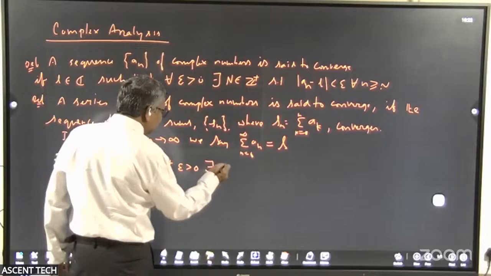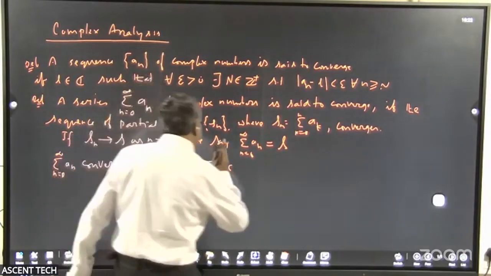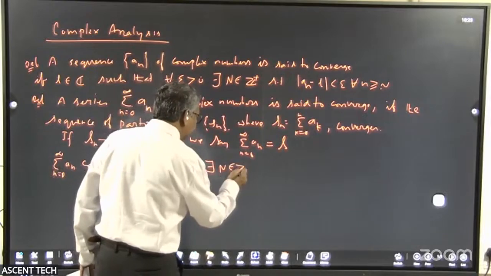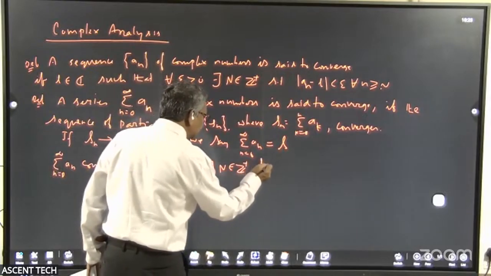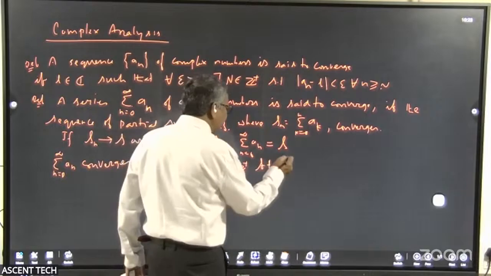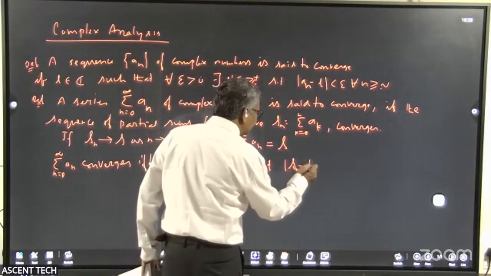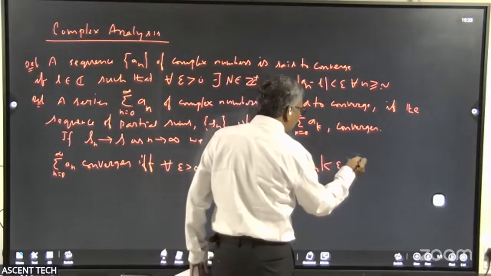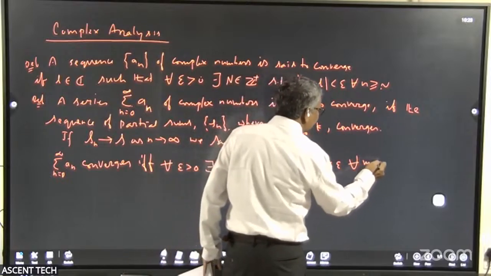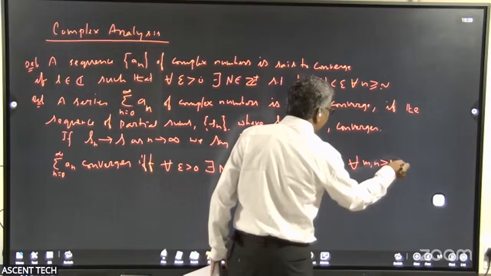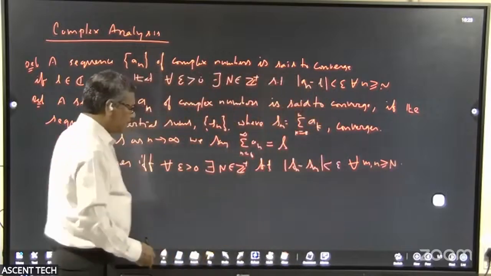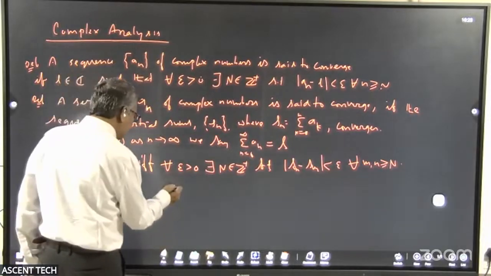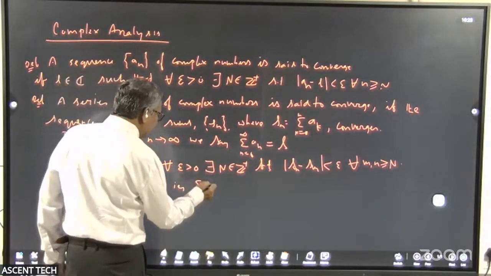So there is a large number N such that the difference is less than epsilon for all m and n beyond it. That difference is actually small.